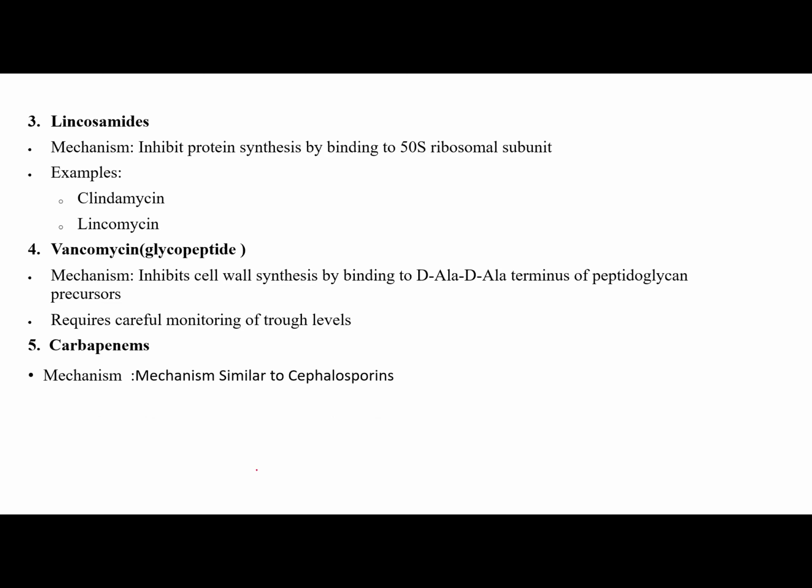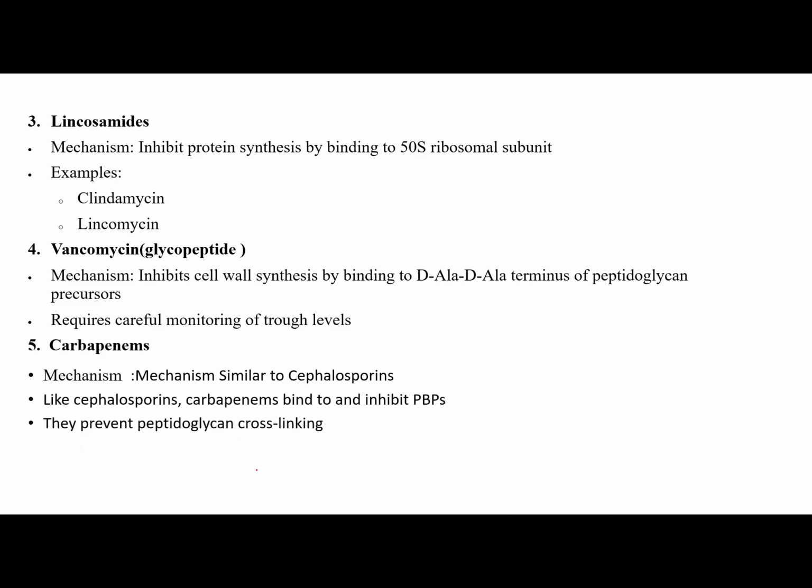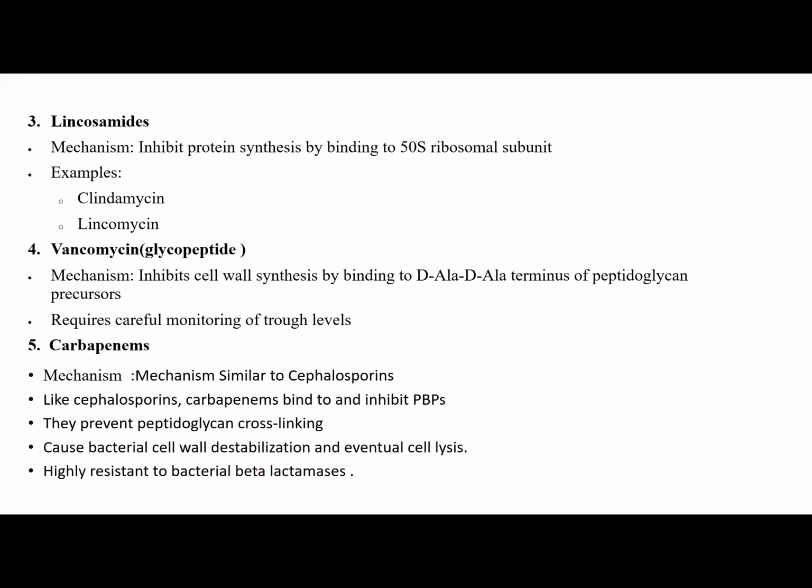It is a cell wall inhibitor itself. Okay, it binds to the penicillin binding protein, and usually tries to prevent the peptidoglycan cross-linking, which is going to break down the effective cell wall, and because of which there will be antimicrobial killing. The cell wall destabilization is what happens because of this, and then that leads to cell lysis.